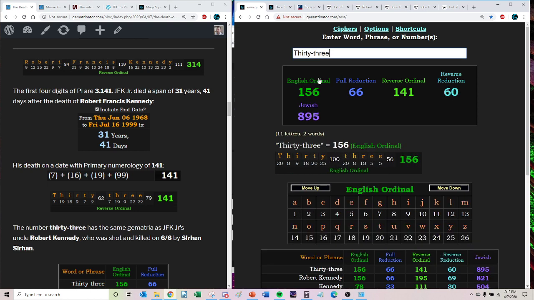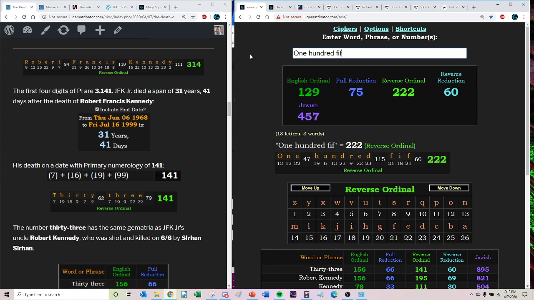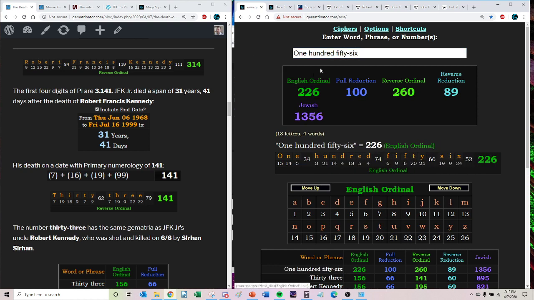But anyway, when you write out 33, look at these ordinal and reverse values, 156 and 141. Both of these numbers have ordinal Gematria of 226. So it's a little Gematria riddle to get there, but nevertheless, very connected to the number 33.